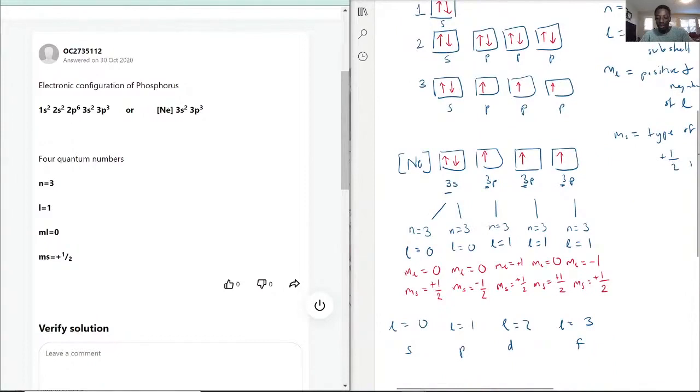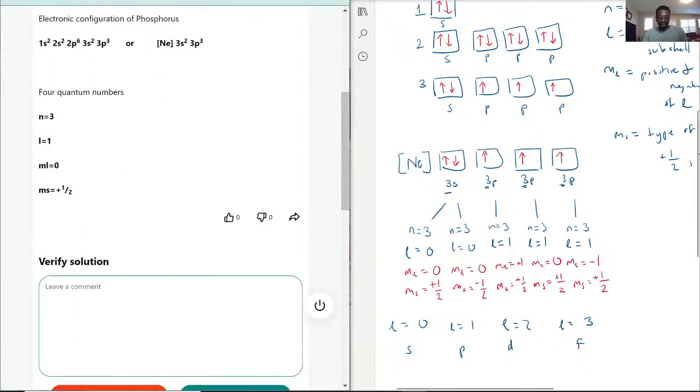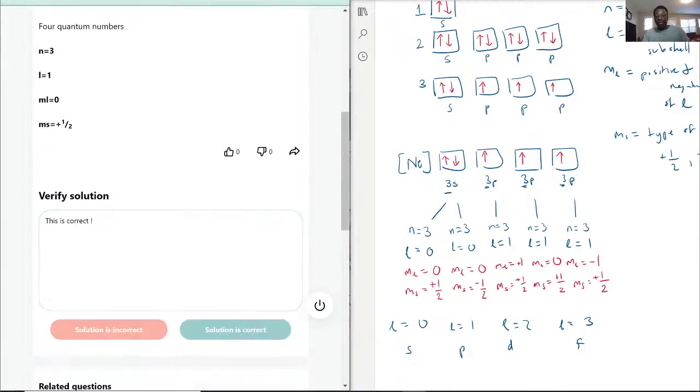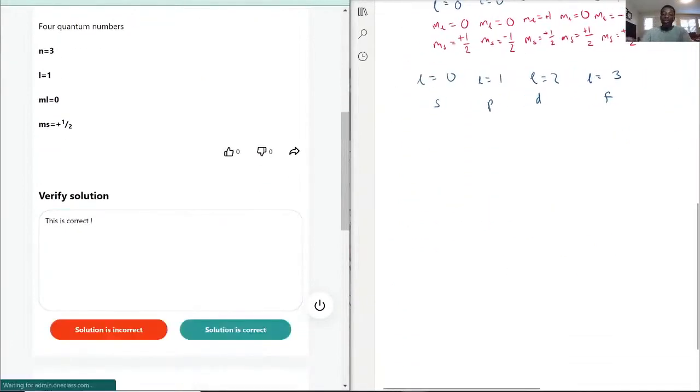This is a possible set of 4 quantum numbers. If for some reason you were given something like 3, 2, that is not a possible set because we do not have a D subshell in phosphorus. So with that being said, this is correct, and we're free to move on to the next question.